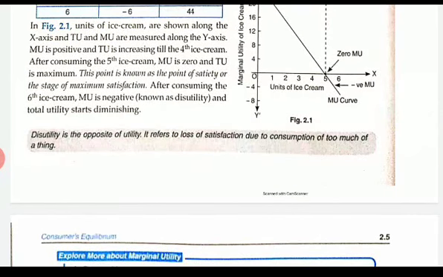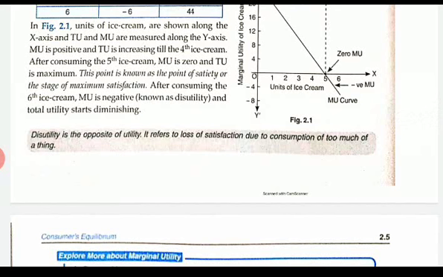When MU is negative, that is disutility. Because when you are thirsty, children, you start drinking glasses of water. You were so thirsty that you take the first glass of water, then the second, third, fourth glass, but after the fifth glass what happened? You are all satisfied, and if you take another glass of water, your utility will be converted to disutility.